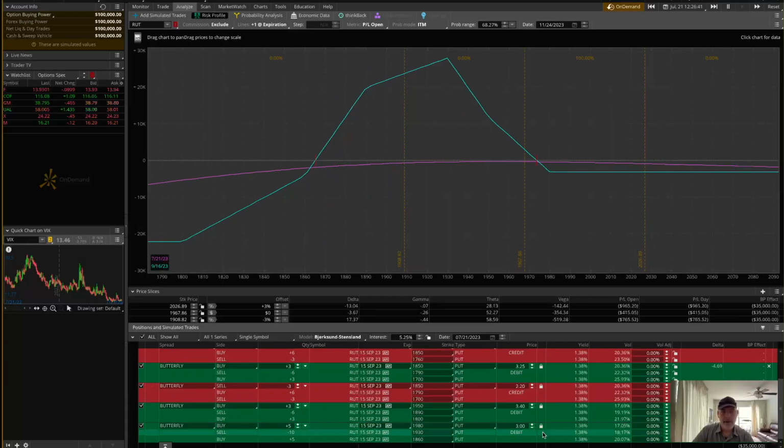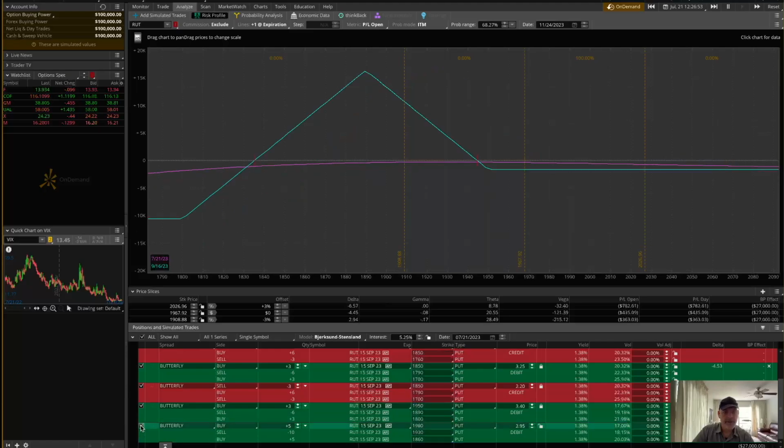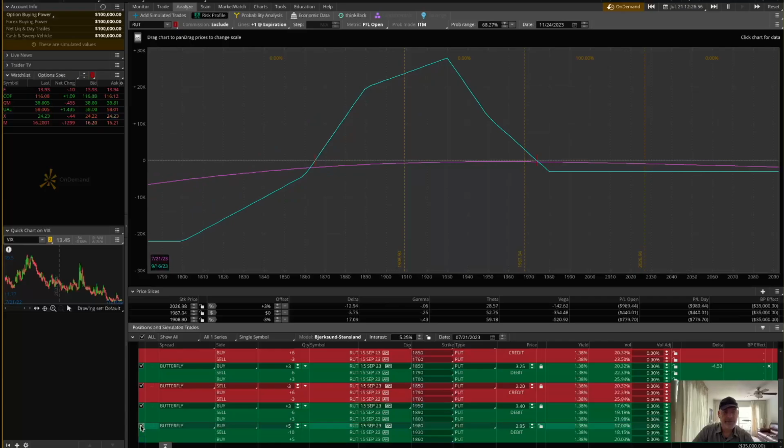24, and oh, actually, let me tweak. Let me unlock that first. So let me tweak this lower, 1860. So without this, we have -4 delta. Adding it is a little bit of positive delta, but I want delta to be 0. So we might as well flatten delta out while we're in here.